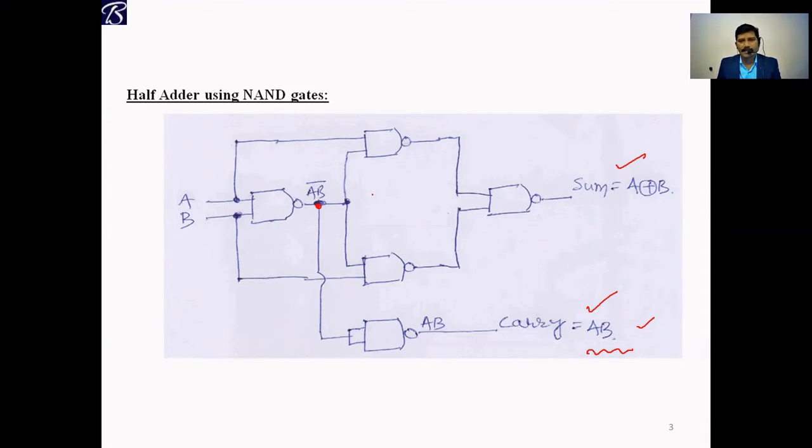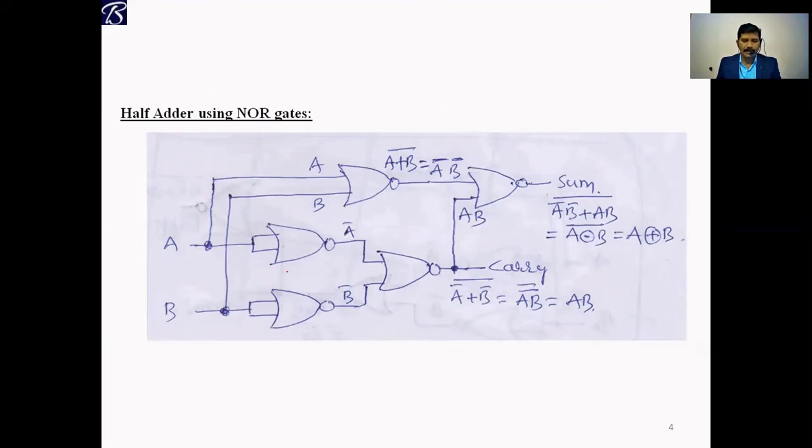Now let us implement using only NOR gates. I need this sum and carry. Let us first implement this carry, AB. It is an AND gate. How many NOR gates are required to implement an AND gate? We have already seen in the previous video lecture when we were implementing universal gates.